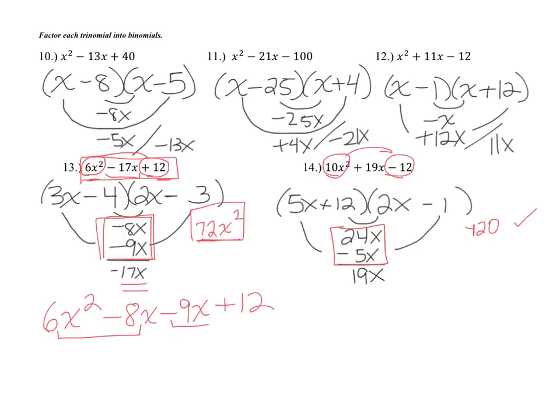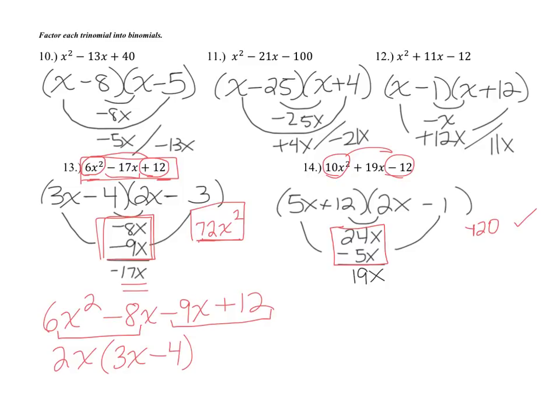So I could group the first two terms together and the last two terms together, and I just pull out GCFs, right? So my GCF of 6x squared minus 8x is going to be 2x. And when I pull out the 2x, I divide 6x squared by 2x, I get 3x. And negative 8x divided by 2x is negative 4.